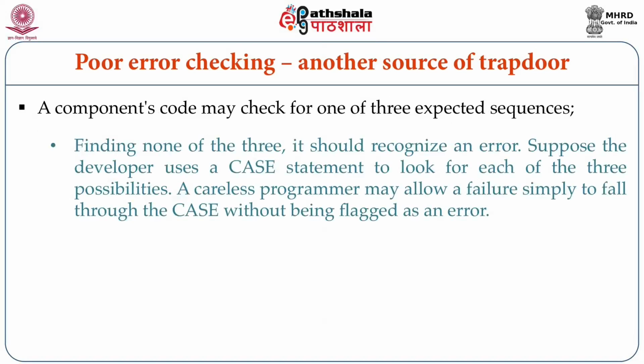A component's code, if we have written code for any component, checks for 3 expected sequences. If it finds any other, it recognizes it as an error. Suppose a case statement looks for each of the 3 possibilities. A careless programmer may allow a failure simply to fall through the case without being flagged as an error.